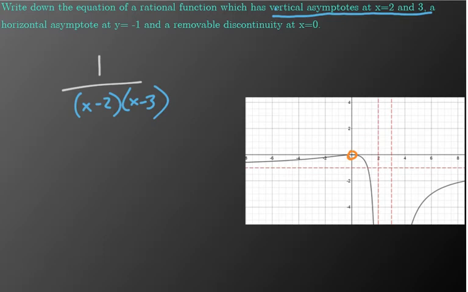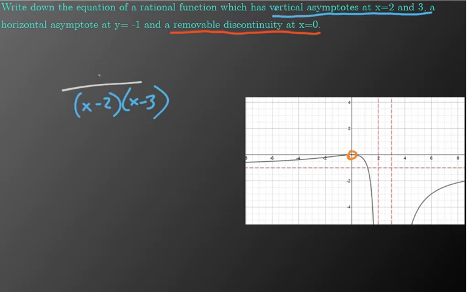The next thing that I would do is the removable discontinuity at 0. For this one, you just need a factor on top and bottom where you could get 0 over 0, right?